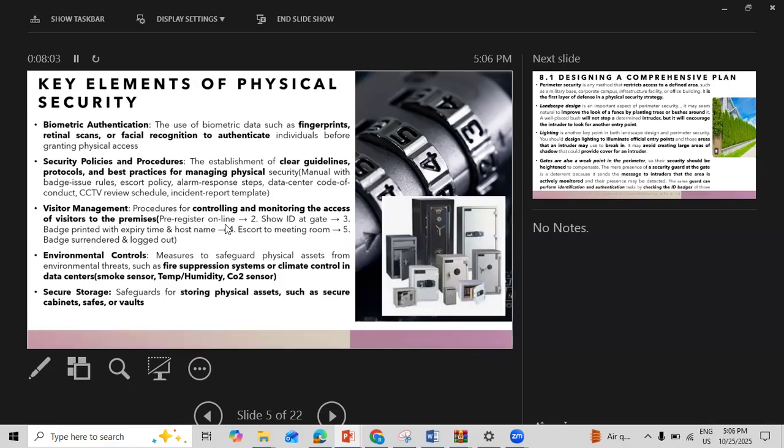Your college ID card will be scanned. Then they will give you the temporary badge, which has an expiry time and name. That can be used for the particular day, and you can enter the company premises or office premises. Until the conference room, you will be escorted by the security guard, or some person will be escorting you.